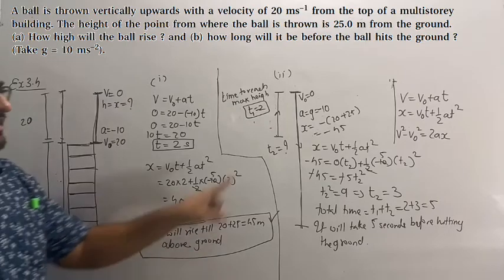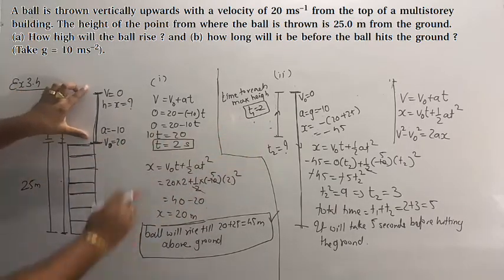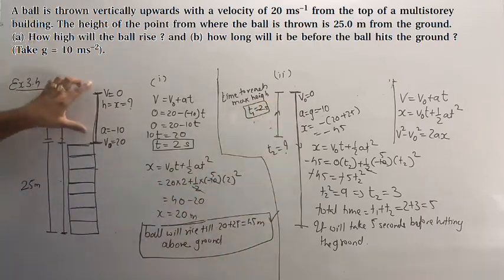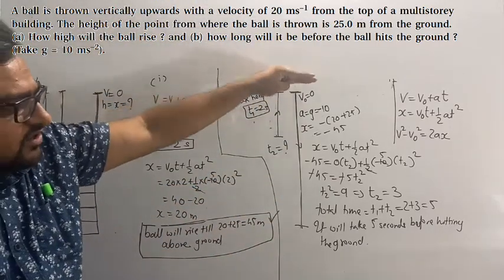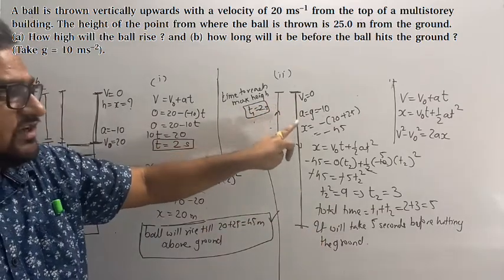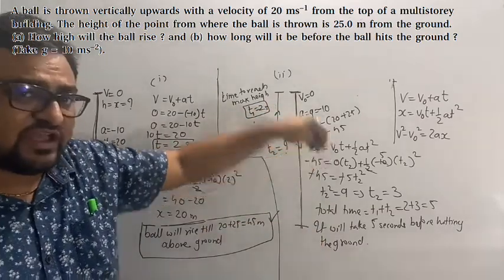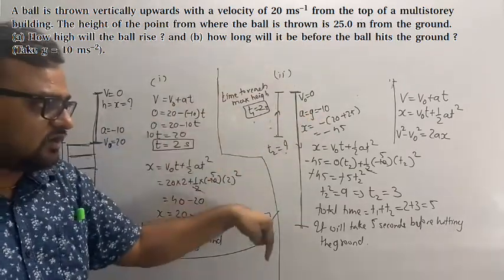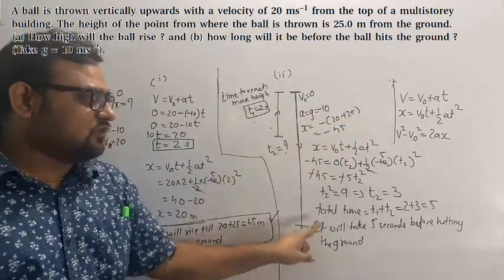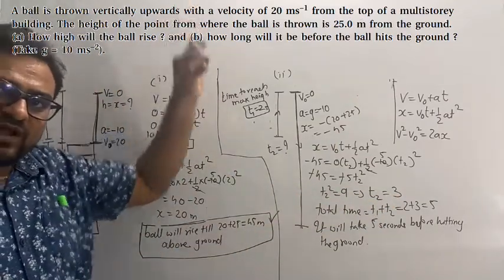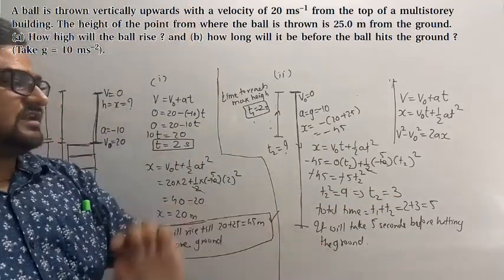In the second case, t1, we already have the time, right? So 2 seconds. Now we have to find the time from here until just hitting the ground. So initial velocity, acceleration, displacement: I have taken minus 45 as it is moving downward, and acceleration minus 10 because it is downward. So using this equation, I found out 3 seconds. The total time, 2 plus 3, is 5 seconds.